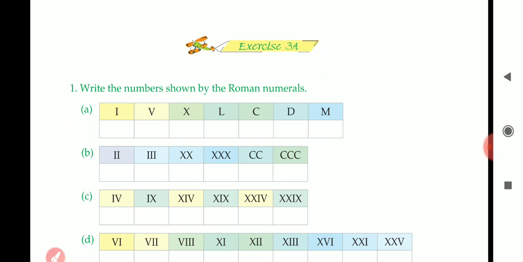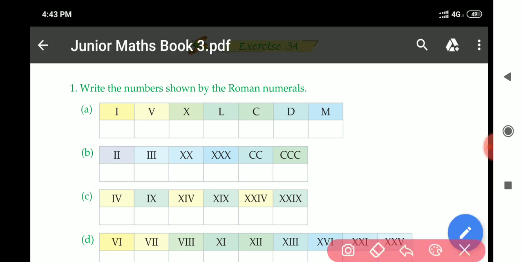In question number 1, part A, Roman numbers are given and we have to write down the numbers against them. See, this is 1, this is 5, this is 10, this is 50, this is 100, this is 500, and M is 1000.